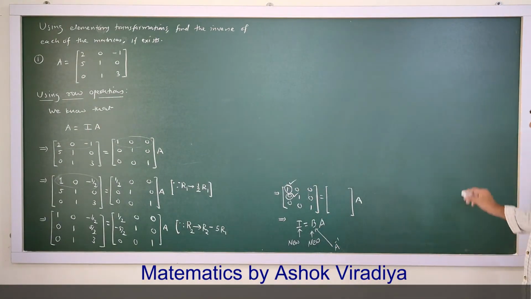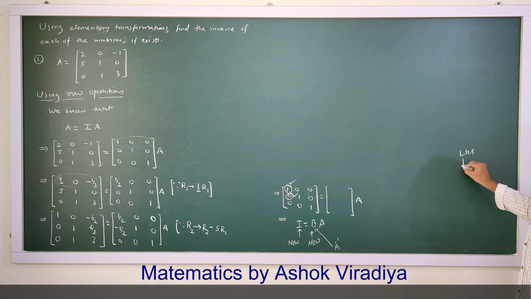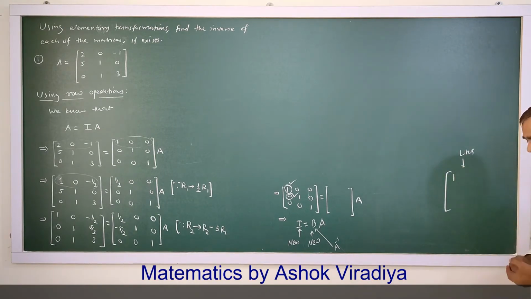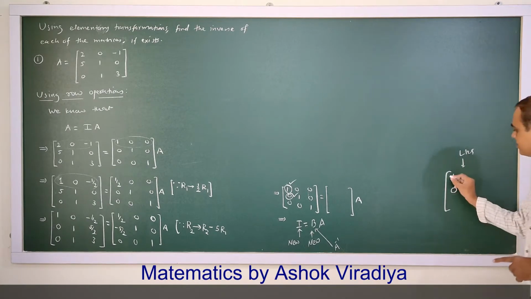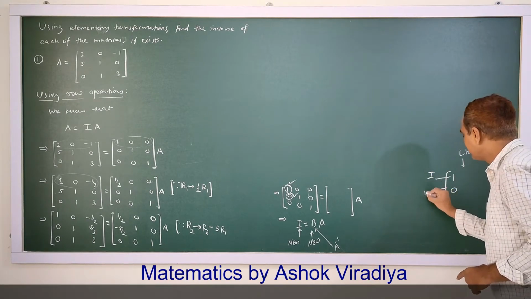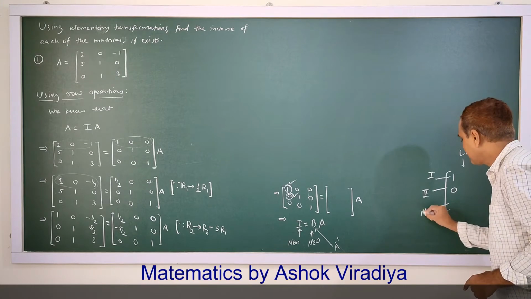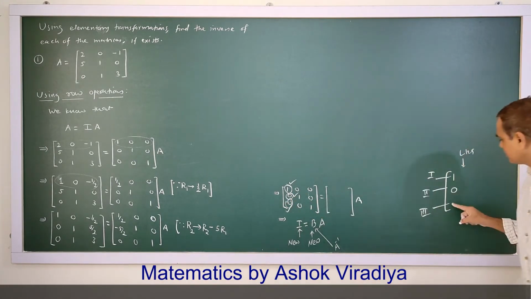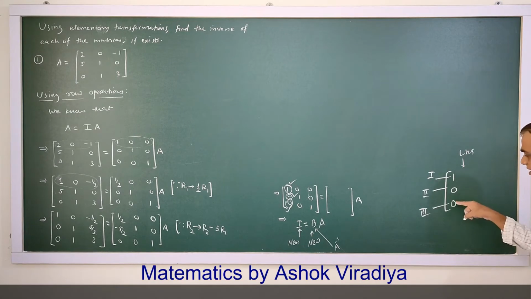Look on left hand side. On left hand side we are getting in this sequence. First of all, get 1. After getting 1, get 0. So that is done. Now third step. This was first step, this was second step. Now third step, get 0. So third step, focus here.